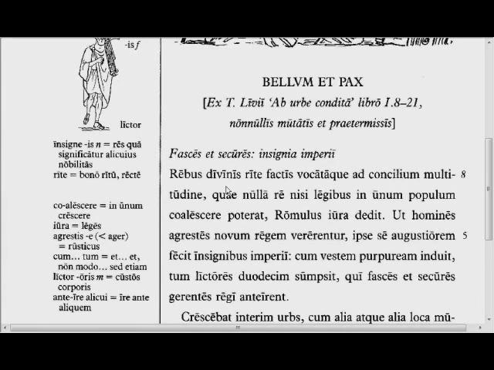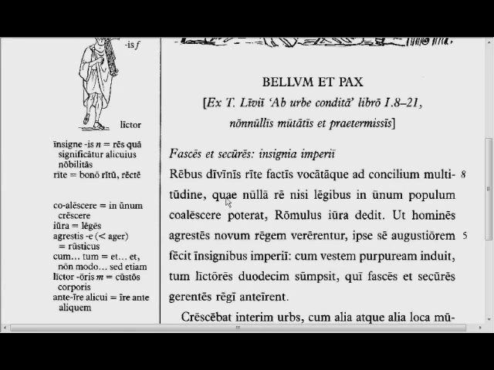So we've got here rebus divinis rite factis, with the divine rites or divine things set up correctly. This is the ablative absolute, so we could do after. So after the religious things were completed correctly, and after, again ablative absolute, vocata multitudine, after a crowd was called together for a council meeting, ad concilium.